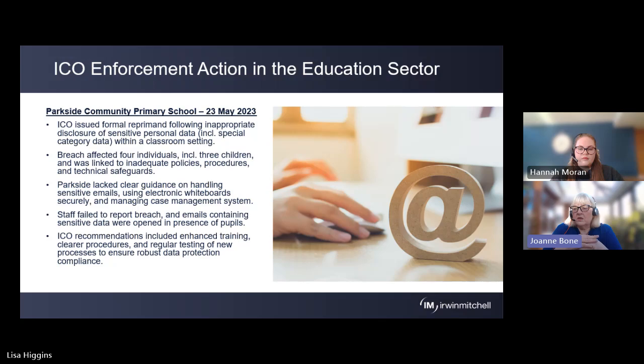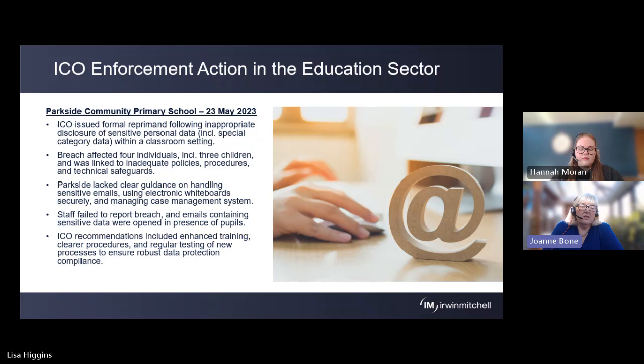I think one of the things I would say to you is, if you have a data breach or you end up with a complaint or the ICO starts an investigation, being able to demonstrate to the ICO that your staff, and particularly the more senior members of staff with responsibility for data protection, have had appropriate training is something taken into consideration. So the school took action, and that was accepted as mitigation.